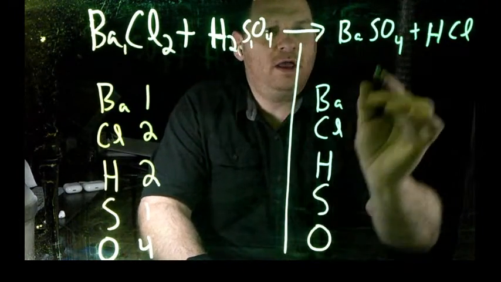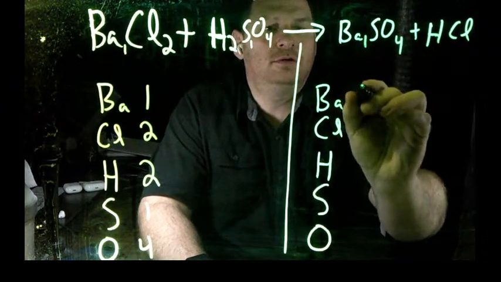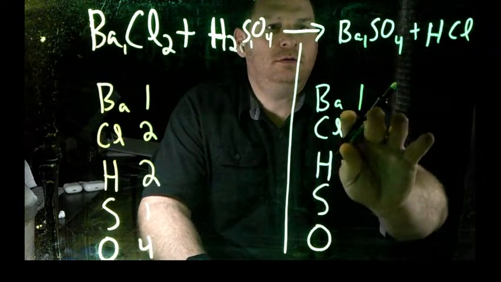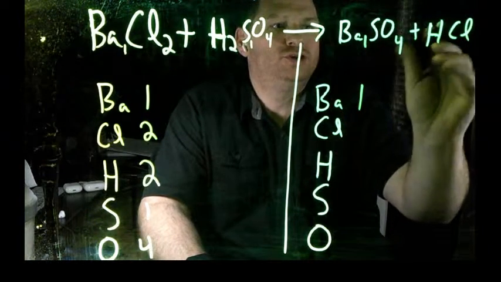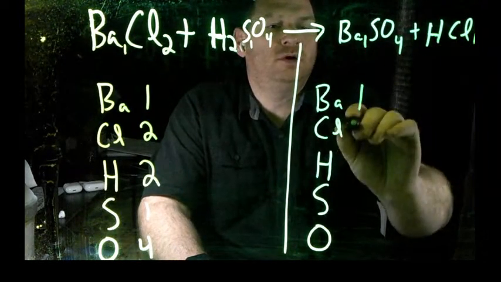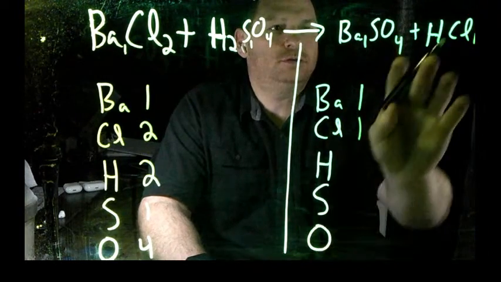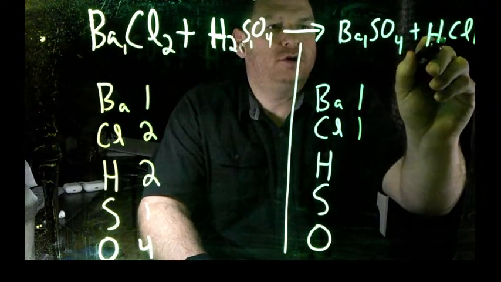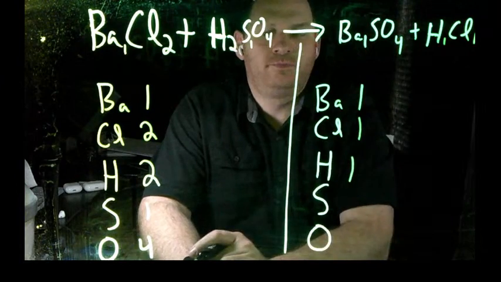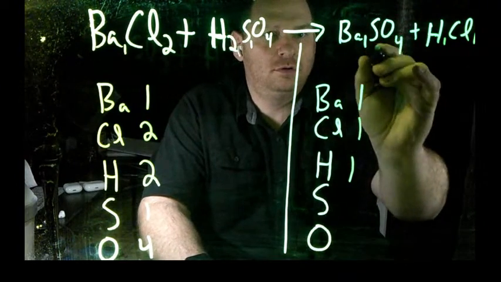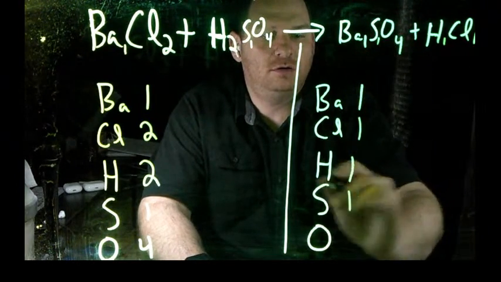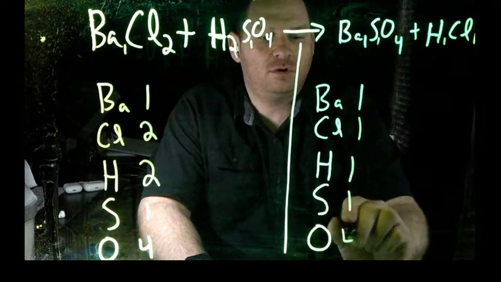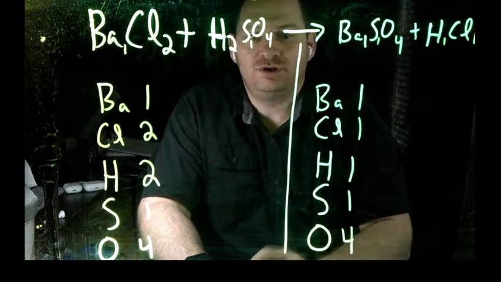All right, so Ba, again, we have imaginary 1. Our chlorine, imaginary 1. Our hydrogen, imaginary 1. Sulfur, imaginary 1 right there. And our oxygen is 4. Okay, so do these match?